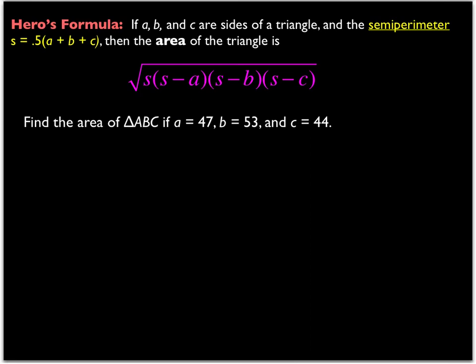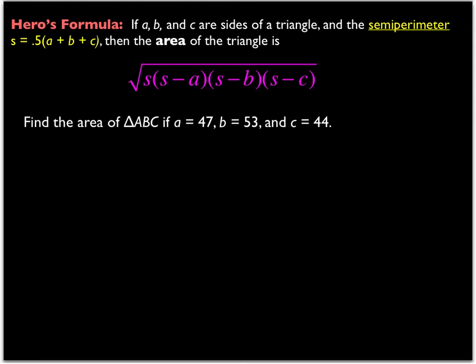Now here's another situation where we could use the law of cosines, but we're going to introduce you to another formula called Heron's formula. This is a way, again, of finding the area of a triangle if you're given all three sides. And so in this particular case, notice that the way to find that is we find this thing called the semi-perimeter.